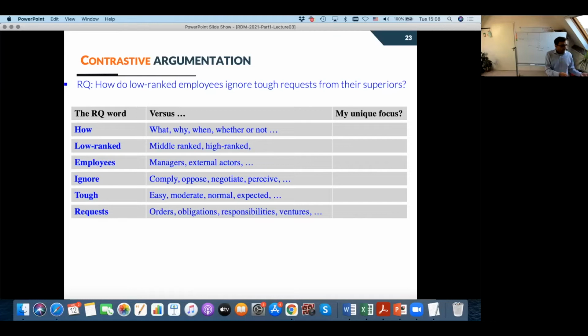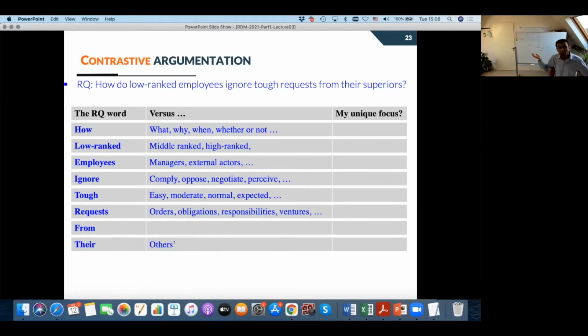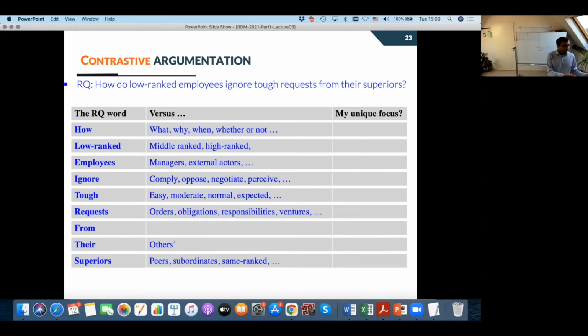Request can be demands, obligations, orders, responsibilities. For "from," literally, I don't have any alternative, because that's just the language. Their supervisors can be others' supervisors. It can be not supervisors: peers, subordinates, or whoever else.